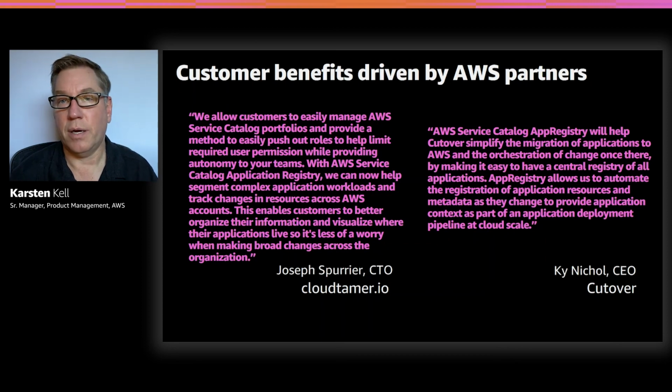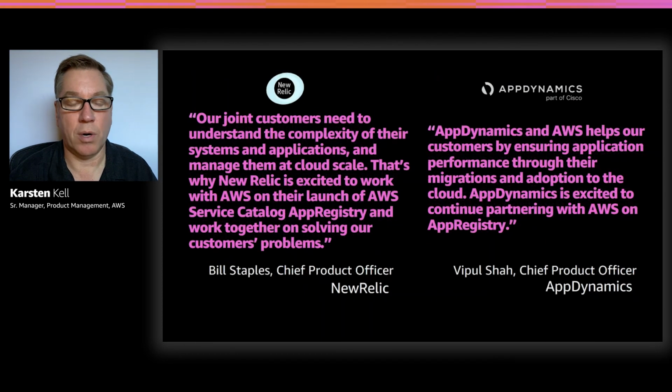Some of our AWS software partners for application observability see utility in this too. So some of these vendors already have the notion of an application, and they see potential use cases for applying their definition of an application in AppRegistry and then letting customers build additional metadata on top of that, which could then be leveraged by the software partners to provide even more value back to the customers.